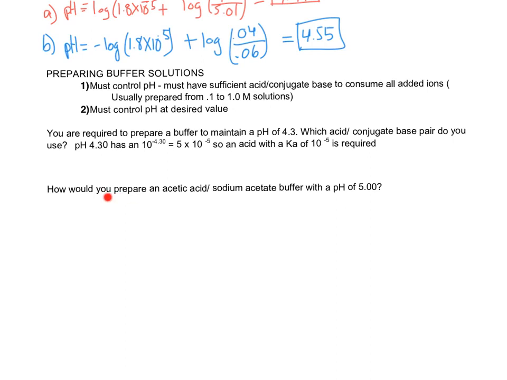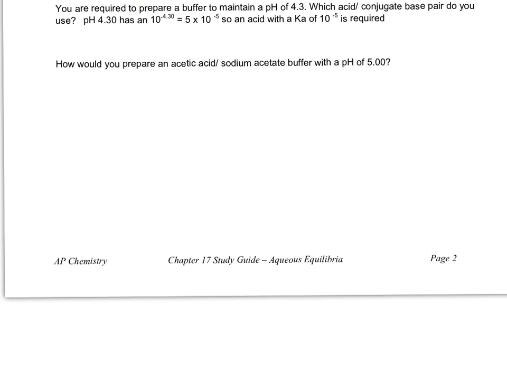So this one says, how would you prepare a buffer that's made of acetic acid and sodium acetate that will hold your pH at 5.00? So let's try to think about this. I know that I'm going to use acetic acid and sodium acetate.